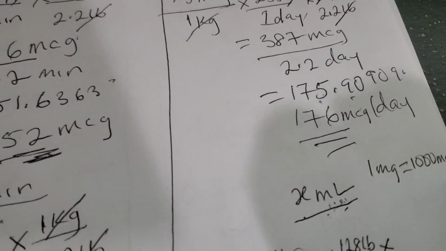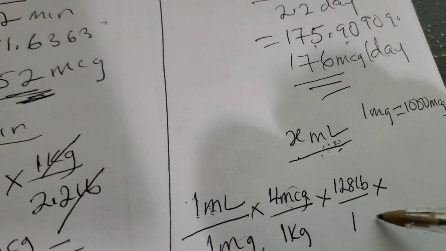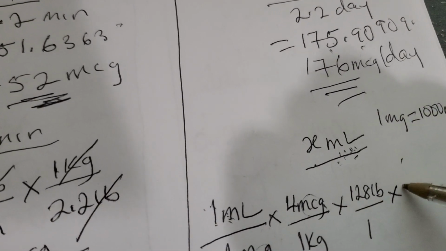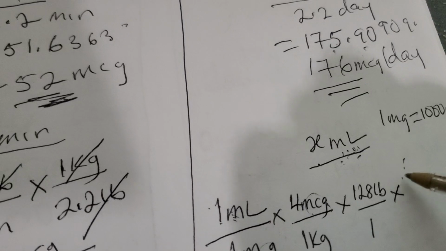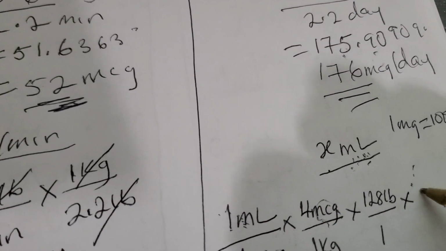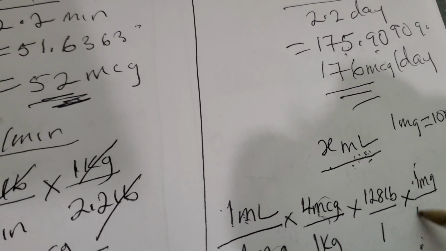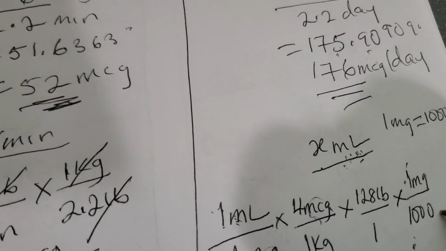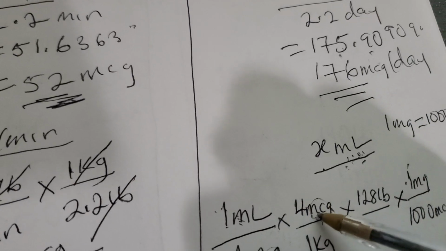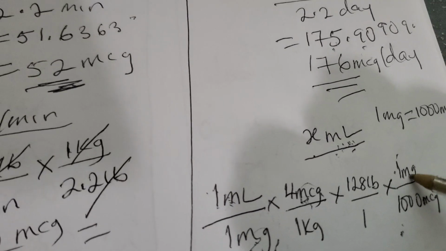In order to be able to cancel milligram out, milligram has to come on top. In order to cancel microgram out, microgram has to be at the bottom. So 1 milligram will give me 1,000 of the microgram, so that microgram can cancel the top microgram here. Milligram at this bottom can cancel the top milligram.